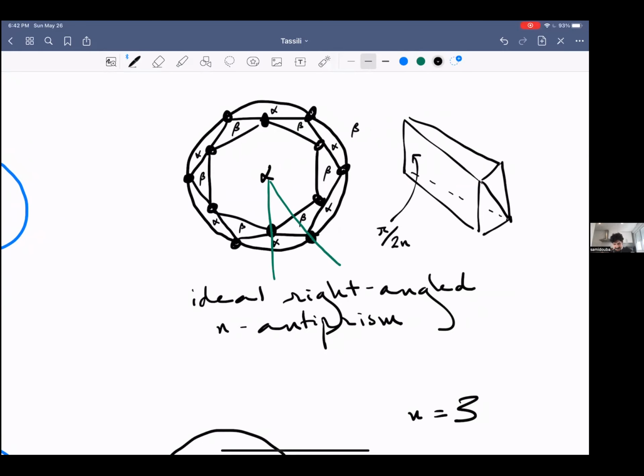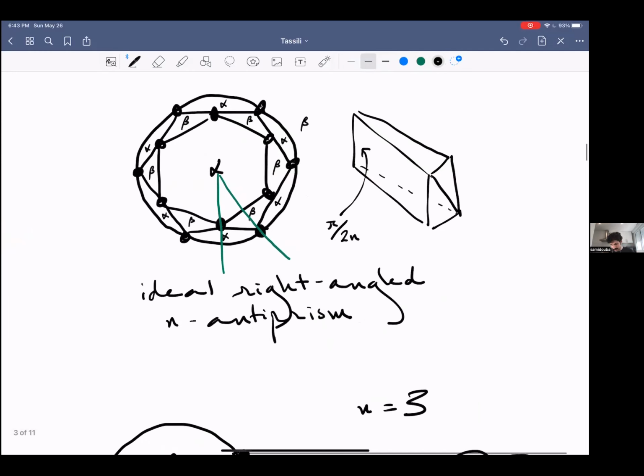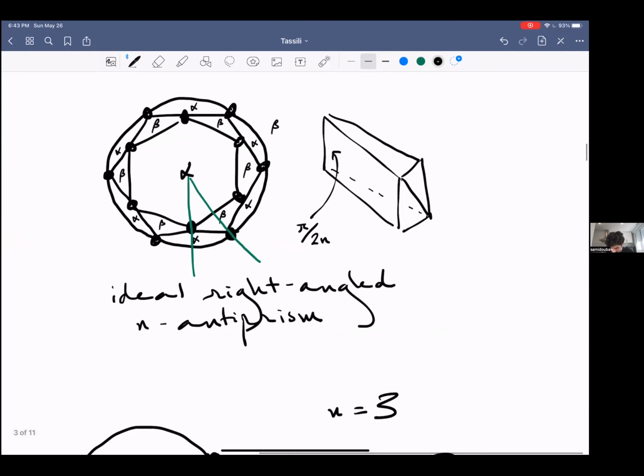And the point is, as you decrease this angle, what's essentially happening is you're Dehn filling this polyhedron. So this polyhedron approaches some other polyhedron, which is in fact commensurable to the right-angled octahedron, coincidentally.